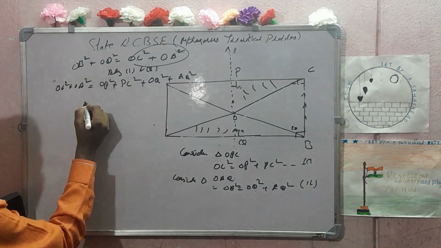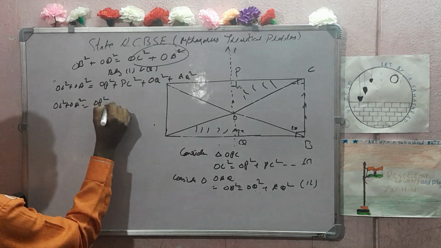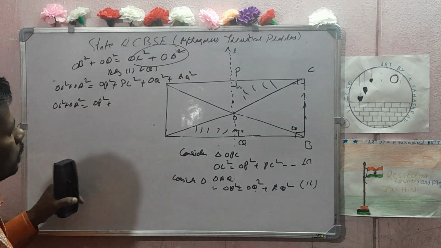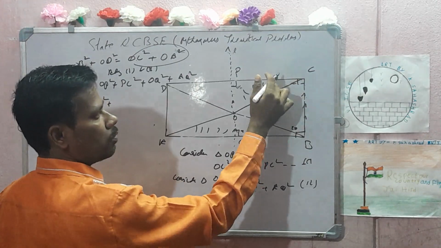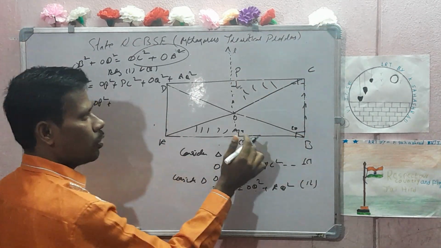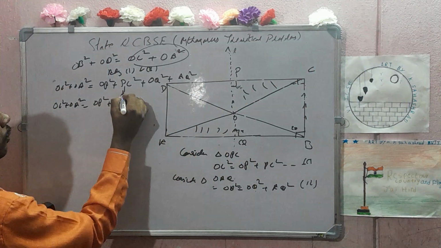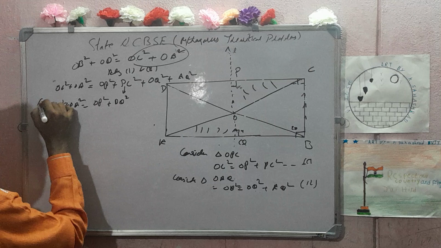Now OC square plus OA square is equal to OP square plus PC square. PC is nothing but, in a rectangle opposite sides are equal, no? So PC is nothing but BQ. In place of PC, BQ square. This step is very important.